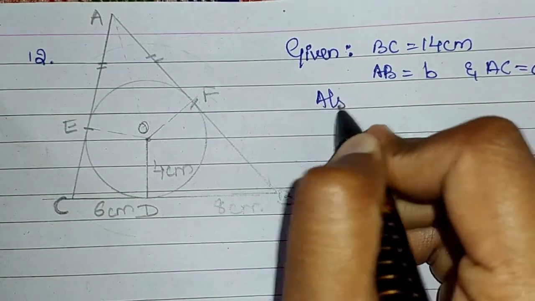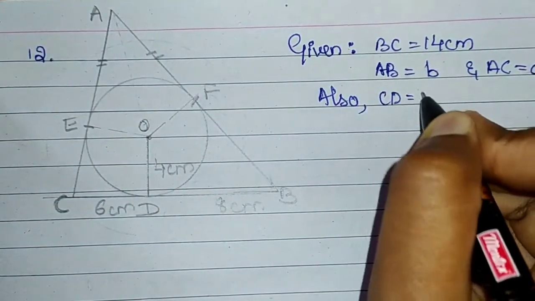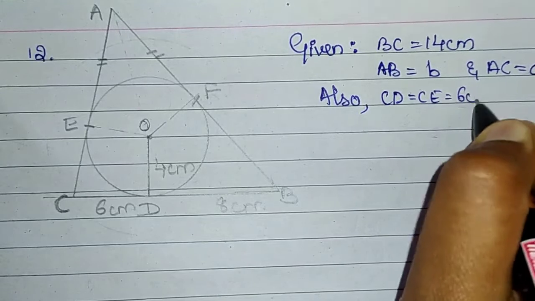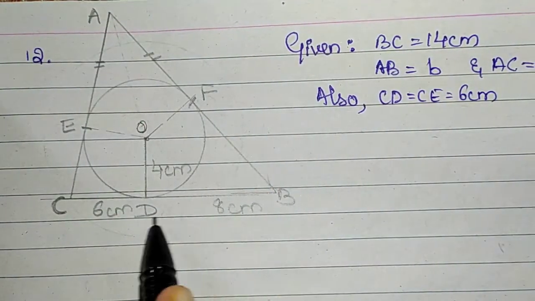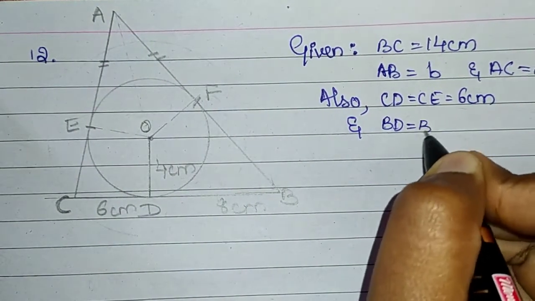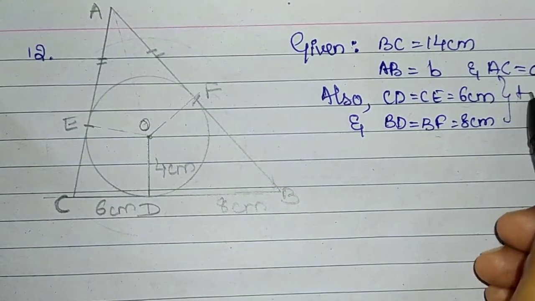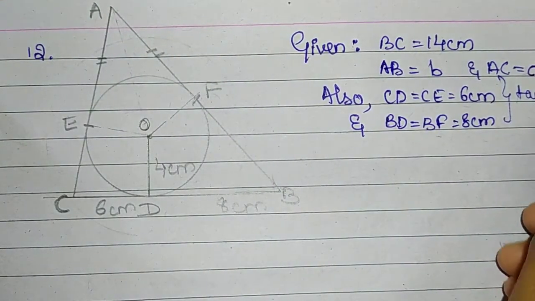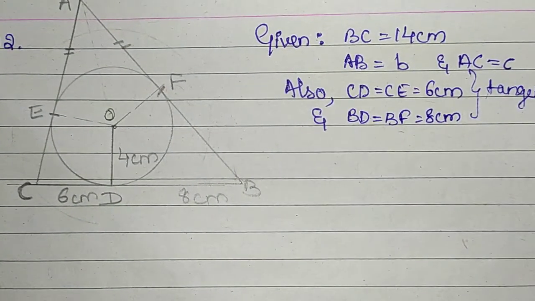Also, CD is equal to CE is equal to 6 centimeters, and BD is equal to BF is equal to 8 centimeters, because they are tangents from an external point.